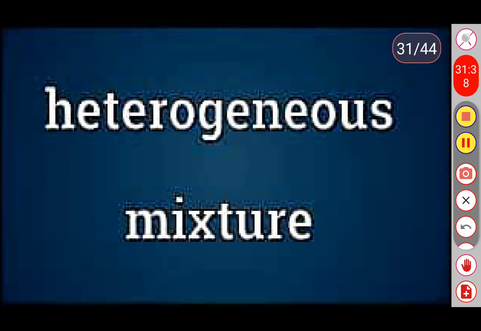They have visible boundaries. We can easily observe the two different kinds of substances and we can easily classify those two substances. It means they have particular boundaries also.